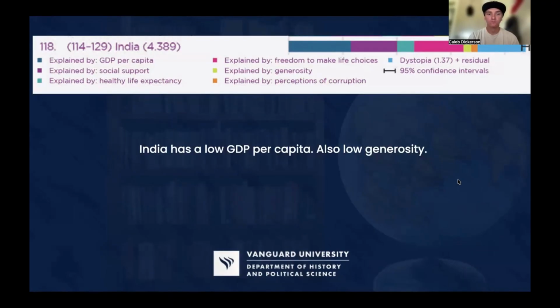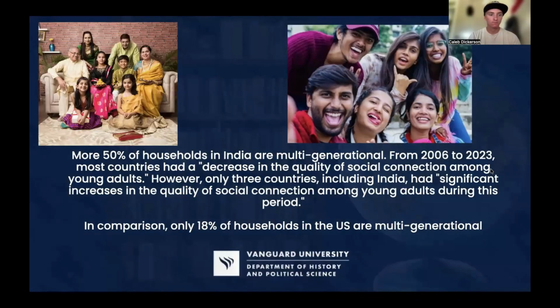This is a graph directly from the index, and it shows a breakdown between the different factors. We can see that India scored lower on the GDP side and also on generosity. Some more positive things are the household and social support side.